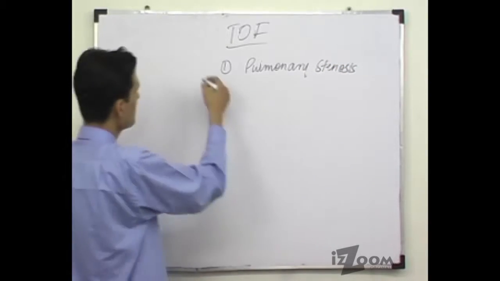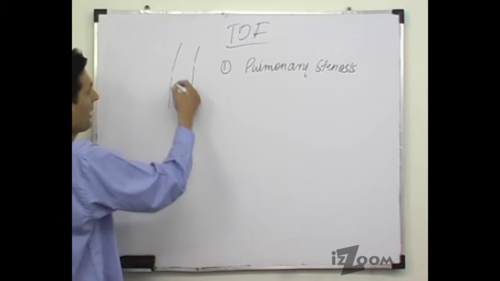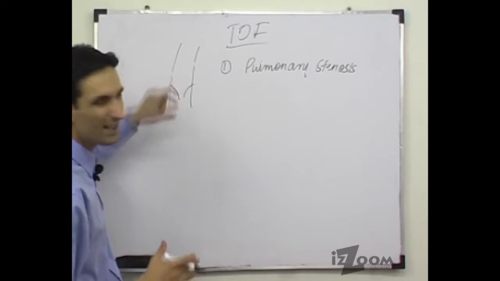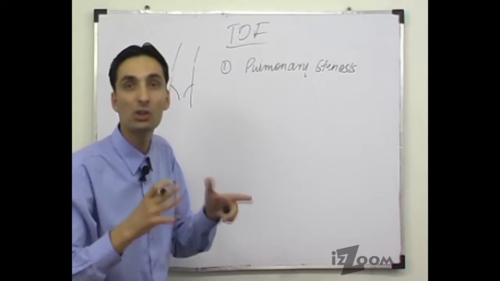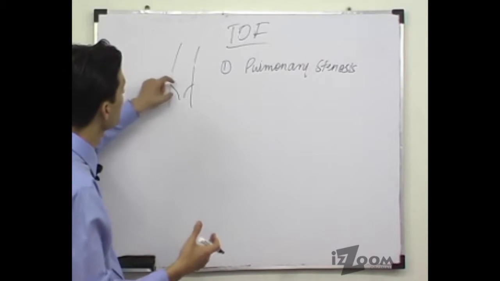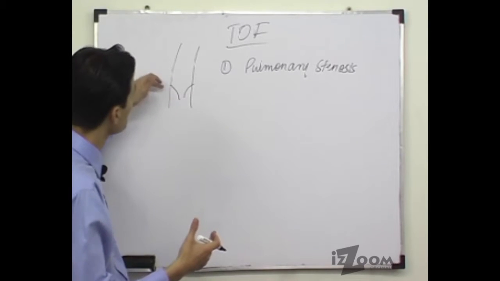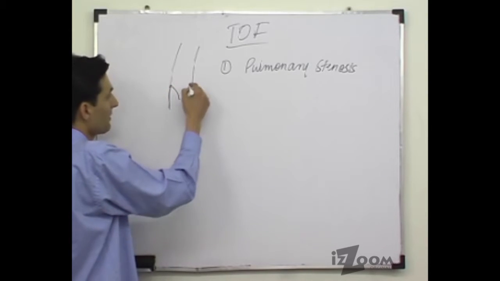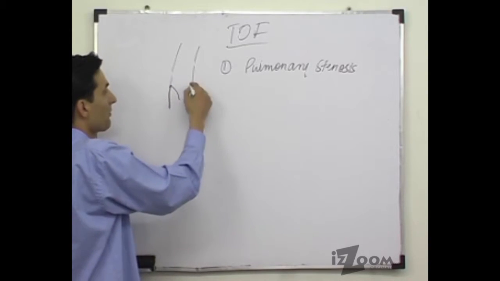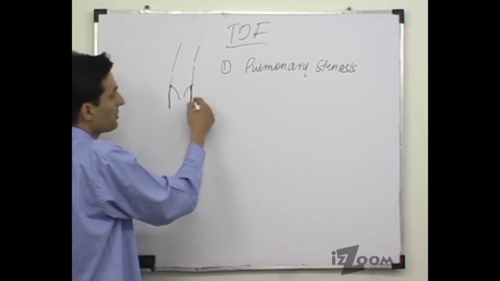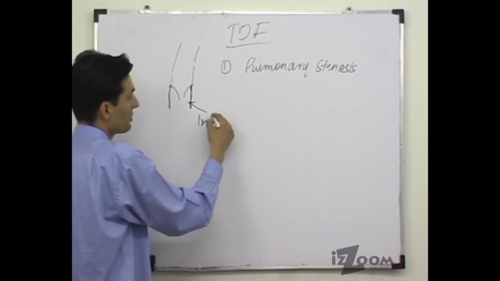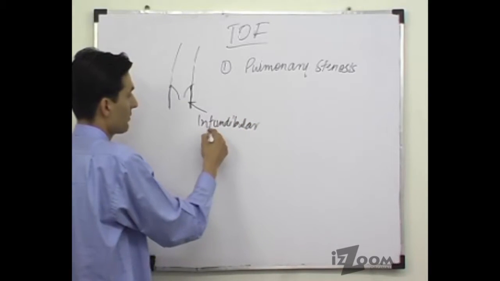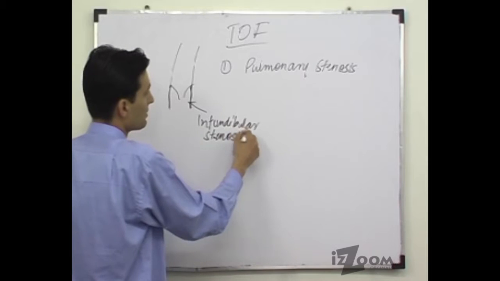Actually, if this is the pulmonary artery and this is the pulmonary valve, the pulmonary stenosis does not usually occur at the valvular level, rather it occurs distal to this valvular level, and this portion of the pulmonary artery is called the infundibulum, where it originates from. So there is infundibular stenosis, or infravalvular stenosis in these cases. So this is the first feature.